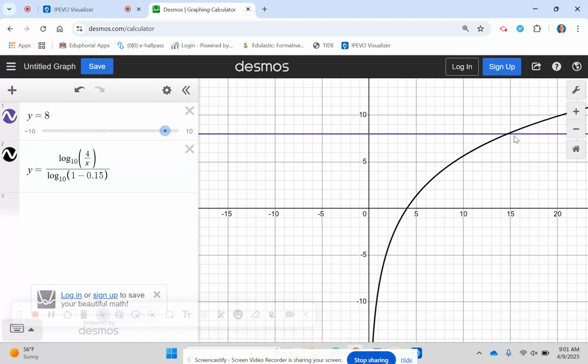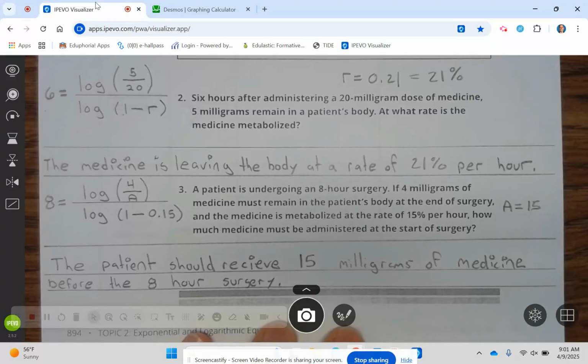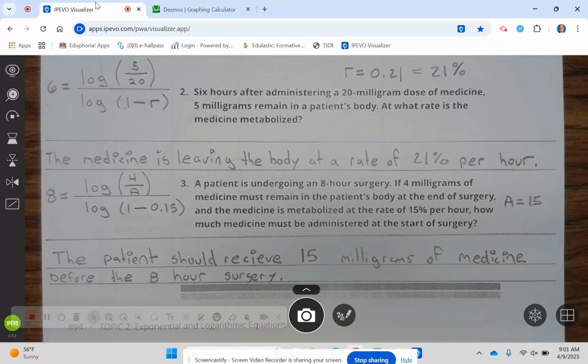Zoom out. Click the point of intersection. Let's round that to a whole number, so 15. So A equals 15. So the patient should receive 15 milligrams of medicine before the 8-hour surgery.